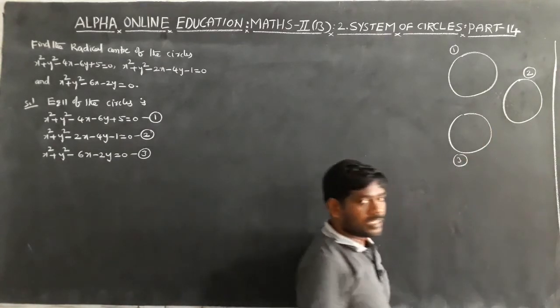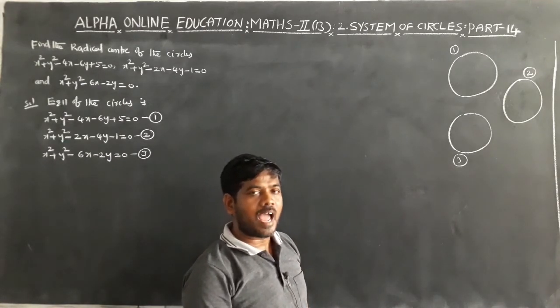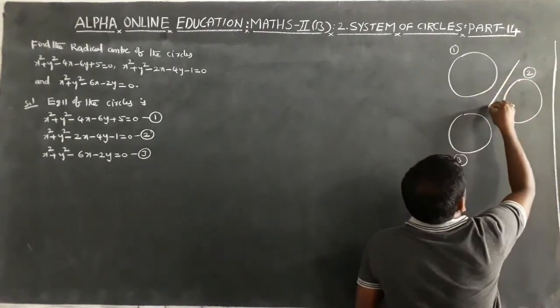First of all, find the equation of the radical axis of the two circles 1 and 2.